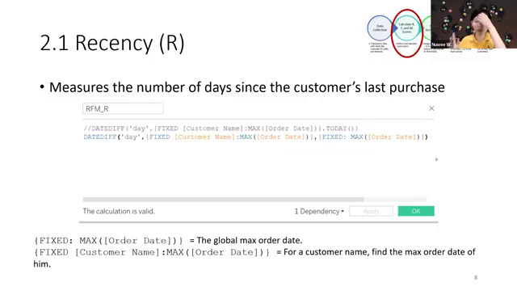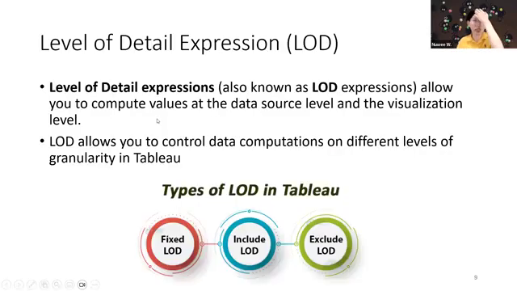Okay, so how can we use level of detail? We talk about level of detail expression first, LOD, level of detail, right? It allows you to compute values at the data source level as well as the visualization level. So they give you some control over the computation of data at different levels of granularity within Tableau.